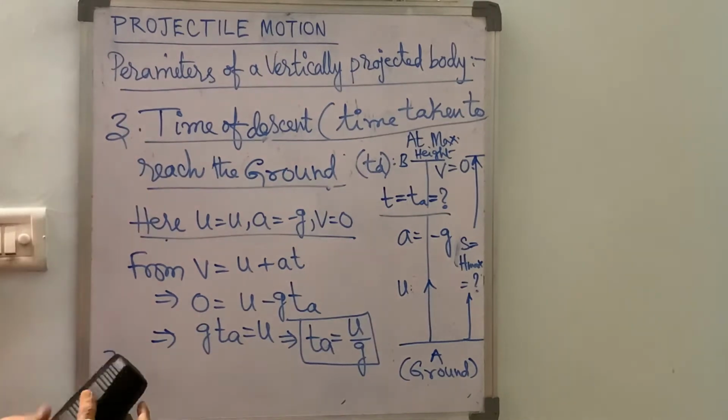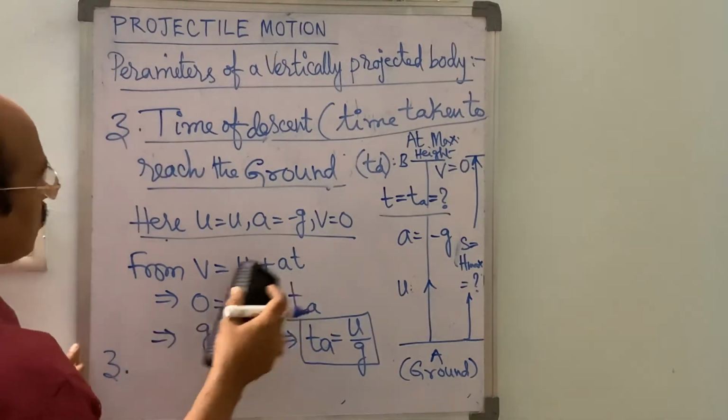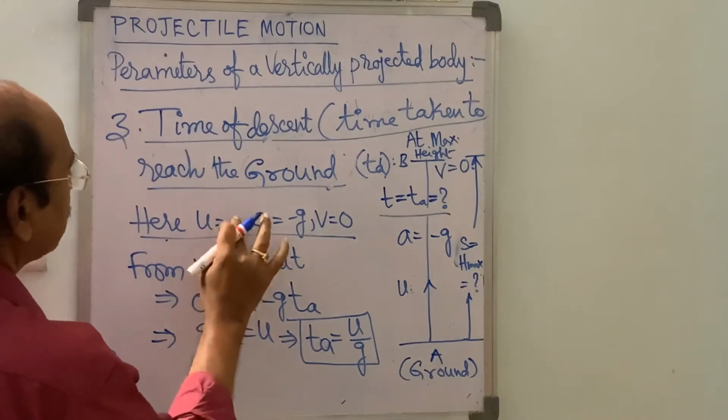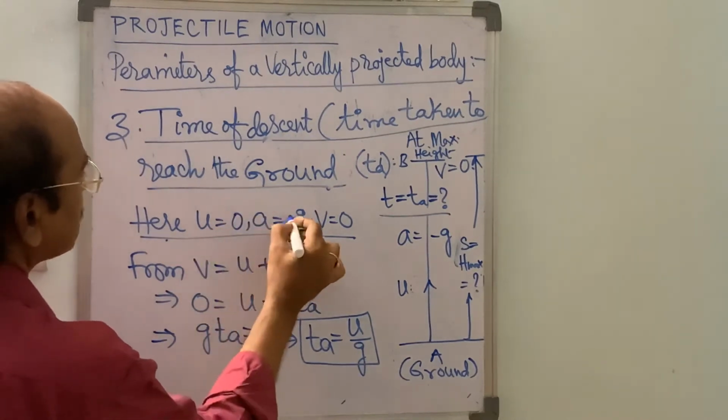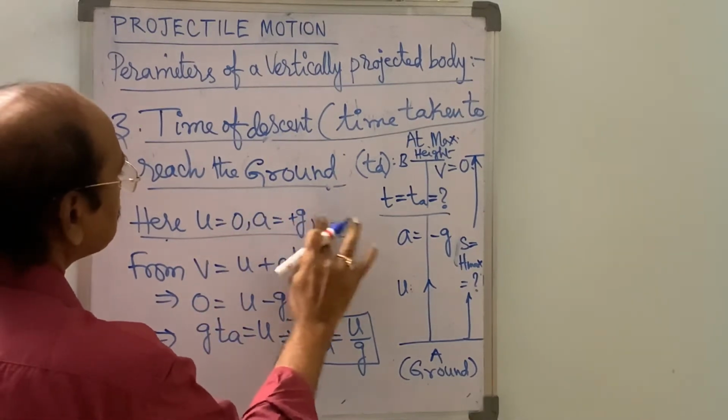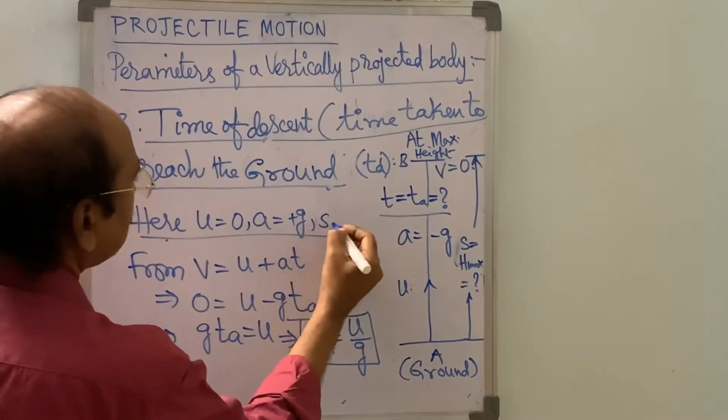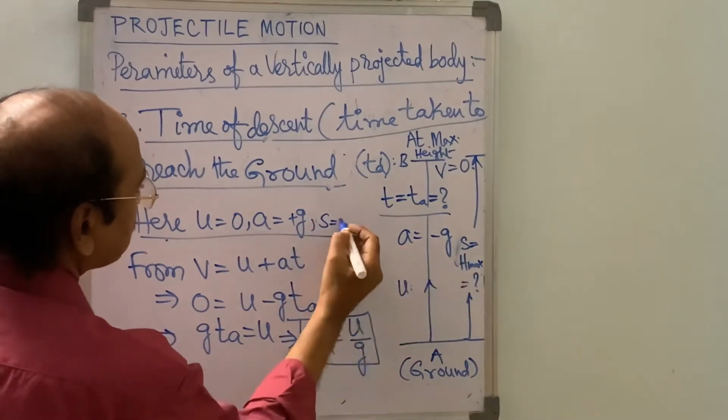So from maximum height when it returns to ground, a is equal to plus g and s equal to h maximum.